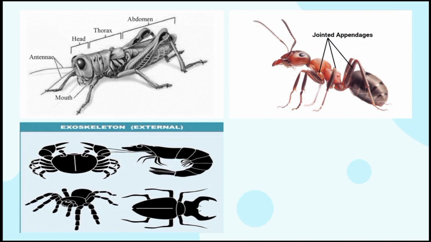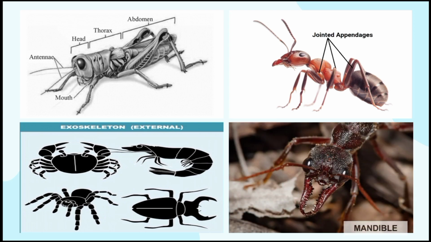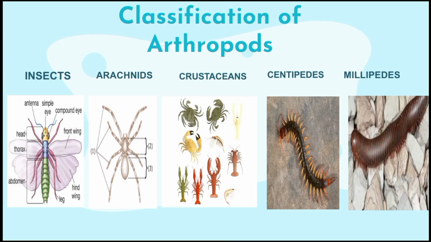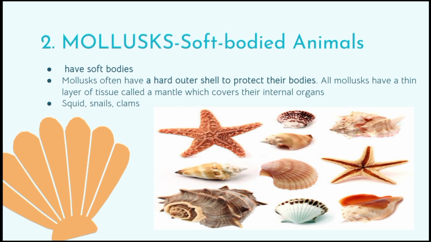Next, arthropods also have jointed appendages. And last one, arthropods have mandible that can be used for feeding. Classification of arthropods can be insects, arachnids, crustaceans, centipedes, and millipedes.